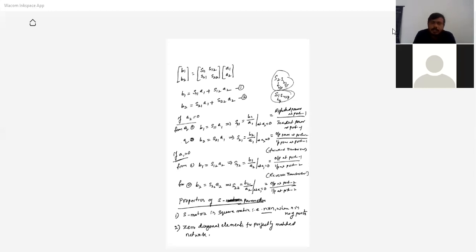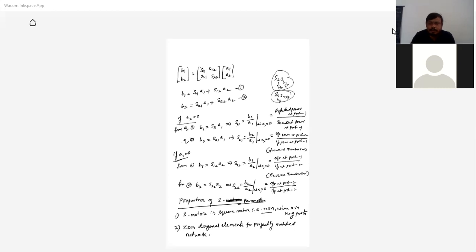That means, as I already told, if a device port is perfectly matched to the junction, there are no reflections. No reflections means, suppose S11 is 0, S22 is 0, S33 is 0. Any port of a component is perfectly matched to the junction.